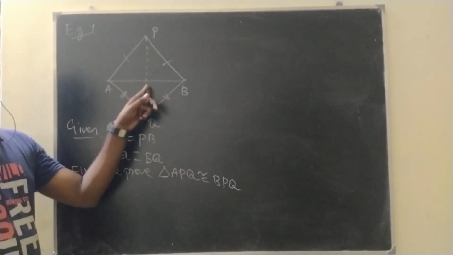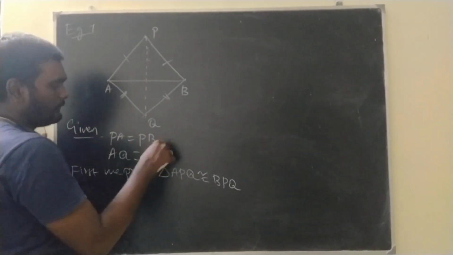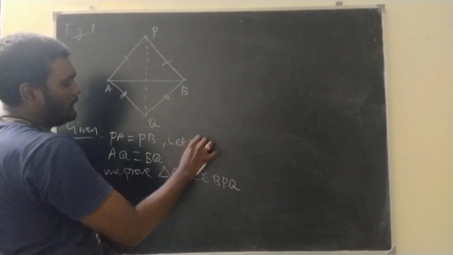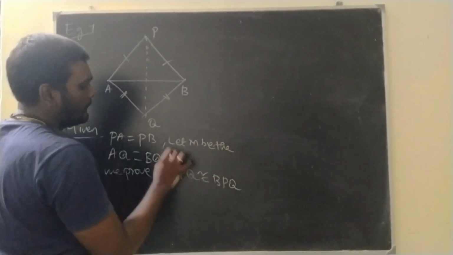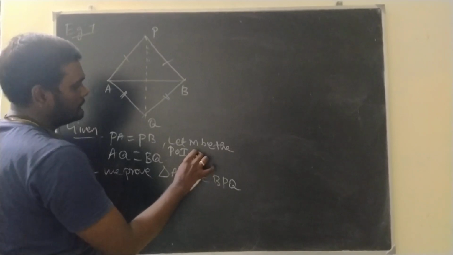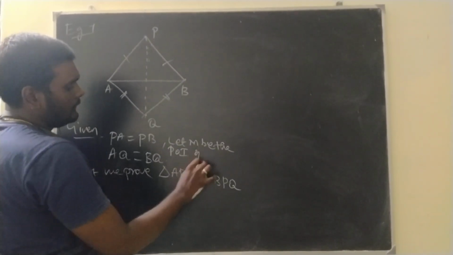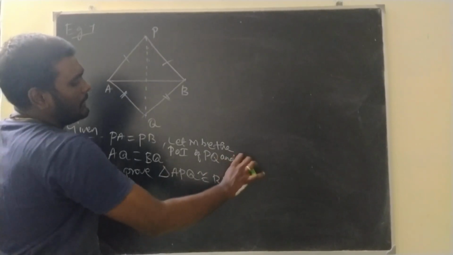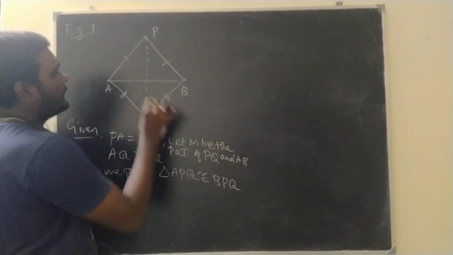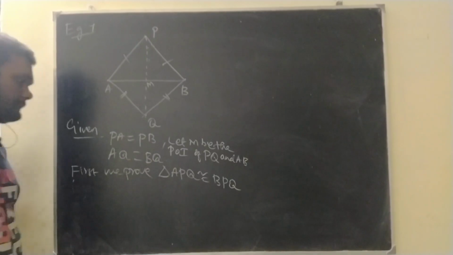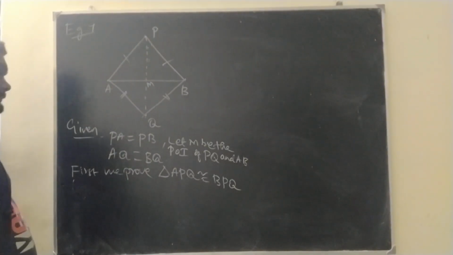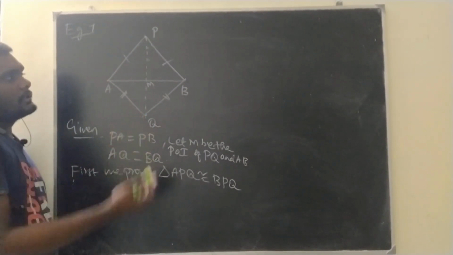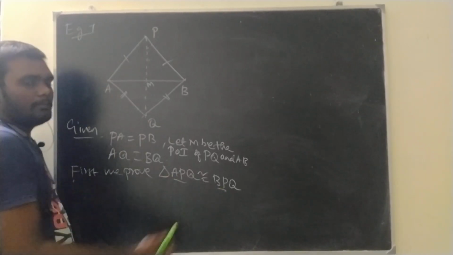Also, before that we need to write this point of intersection. Let M be the point of intersection of PQ and AB. I am naming this point as M. Okay. So, in the question itself it is given that AP is equal to BP.